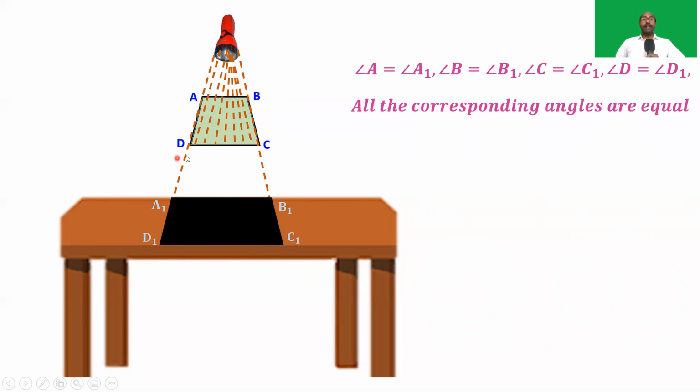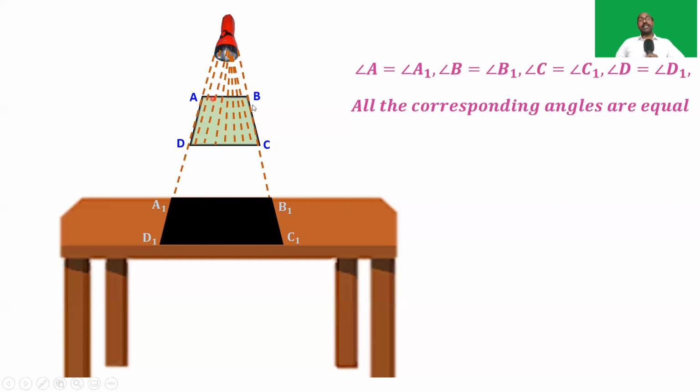We know that the shadow of an object is similar to the object. So in these two similar figures, all the corresponding angles are equal.